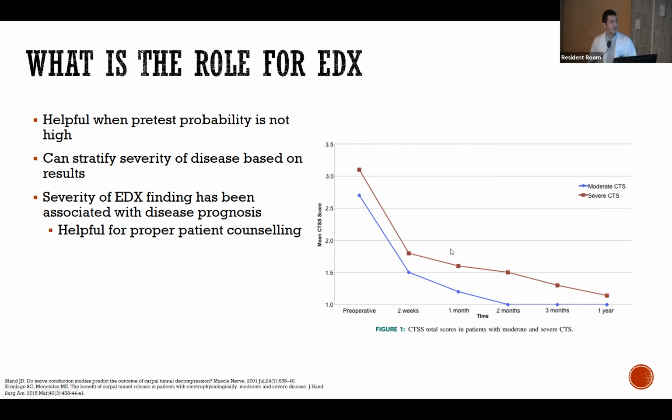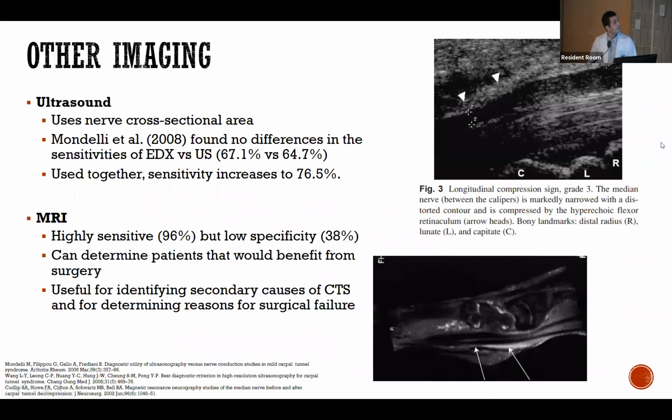Patients with severe carpal tunnel did significantly worse up to about a year after surgery. One patient, about 2% of the population with moderate disease, continued to have symptoms up to a year, but 20% of patients with severe disease had symptoms up to a year. That's important when counseling patients about what to expect after surgery.